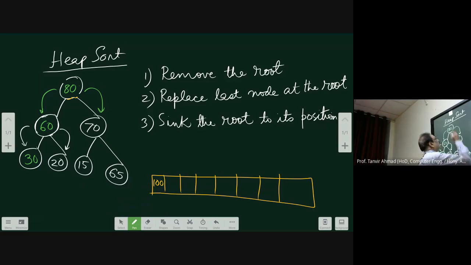You are going to delete 80 and store it over here. Now, when you delete 80, you are going to remove the 65, and then you are going to put 65 over here.